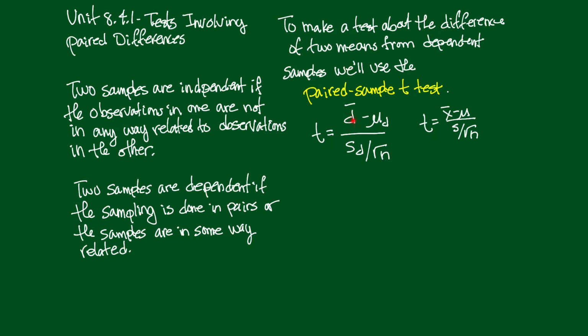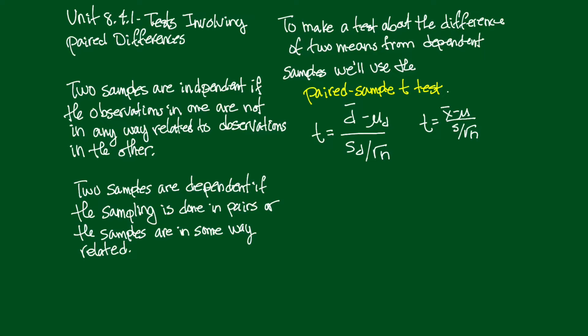So we have paired samples, so we just take the differences of the pairs, find the mean of those differences, subtract what? The mean of the differences, all right? So it's the observed differences minus the mean of those differences, divided by standard deviation over square root of n. This is just the standard deviation of the differences divided by the square root of n.